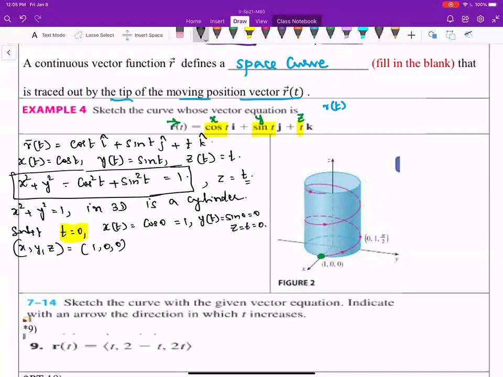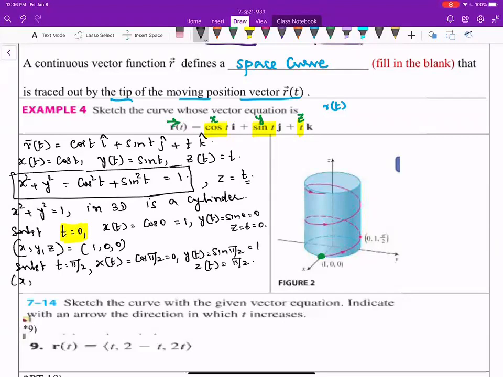In the same way, at different values of t, substitute t equal to pi by 2. Then x of t is cosine of pi by 2, which is equal to 0. And y of t is sine of pi by 2, which is equal to 1. And z of t is t, which is equal to pi by 2.